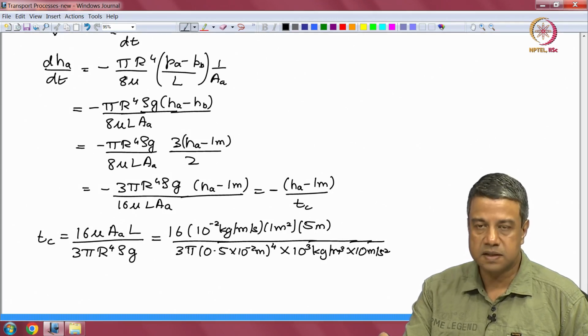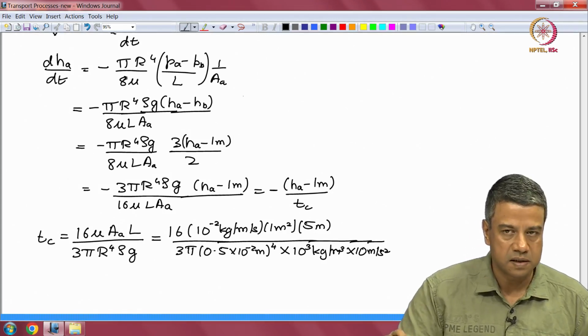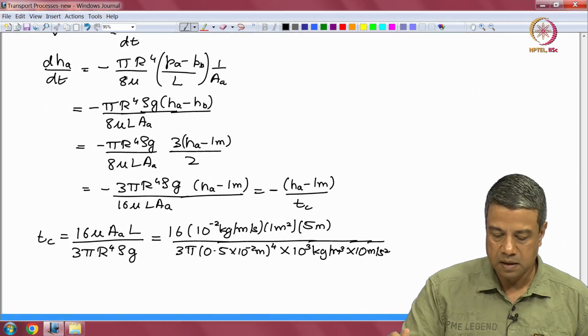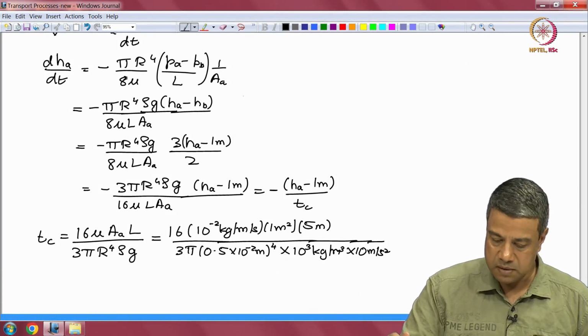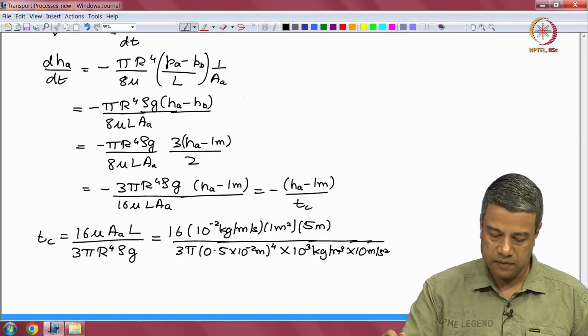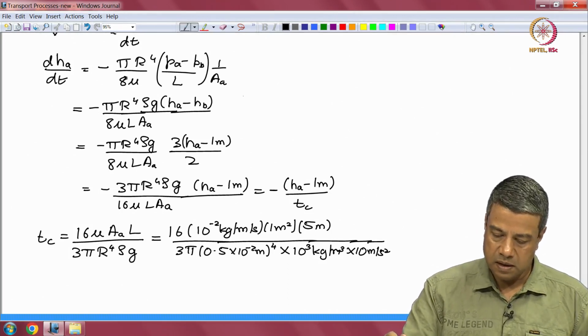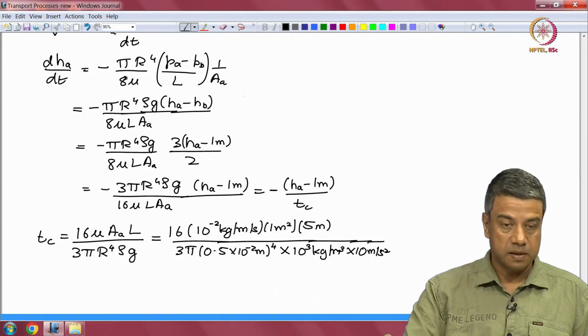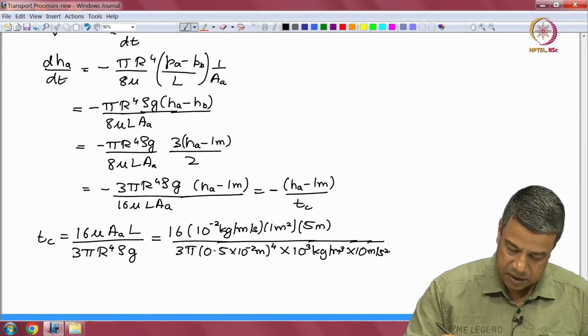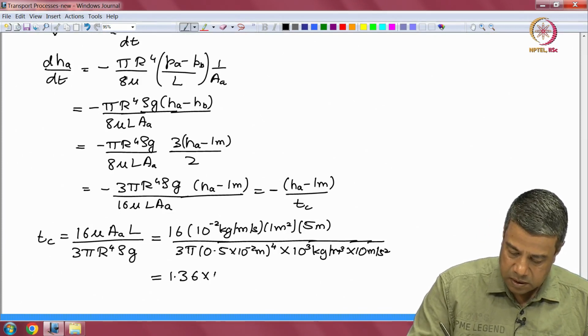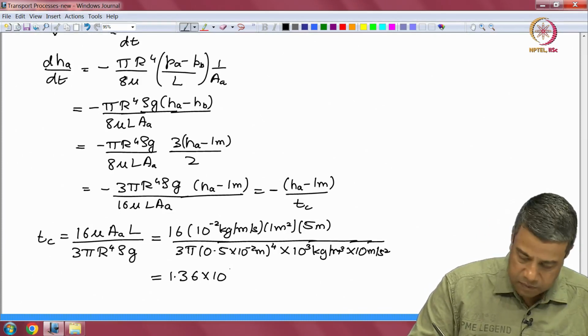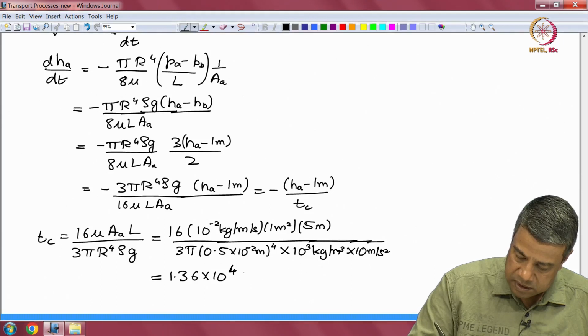And you can easily see that in the end you will get just a time dimension. Kilogram will cancel out, numerator and denominator. Meters will also cancel out: in the numerator you have meter square dimension, and the denominator also has meter square dimension. So, you get just time. And this is equal to 1.36 into 10 power 4 seconds.